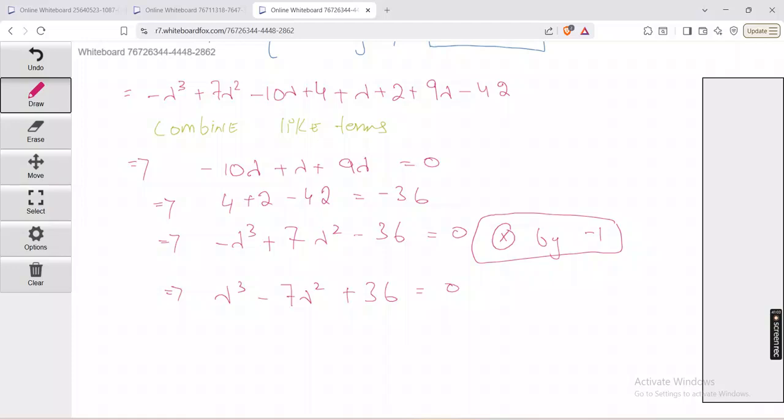Now what's left in the equation? These two only are left with us, and 36. So we put it in one equation, and we want to make this coefficient positive, so we multiply with -1 and we reach here.